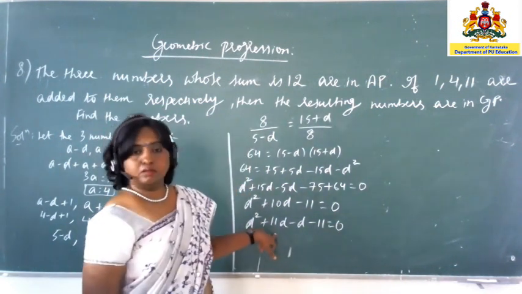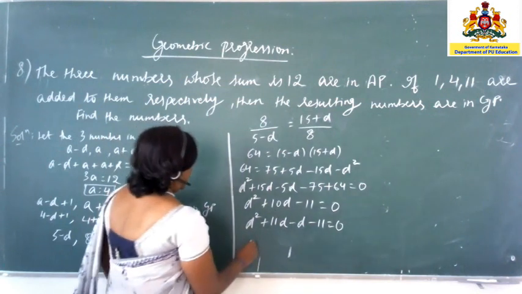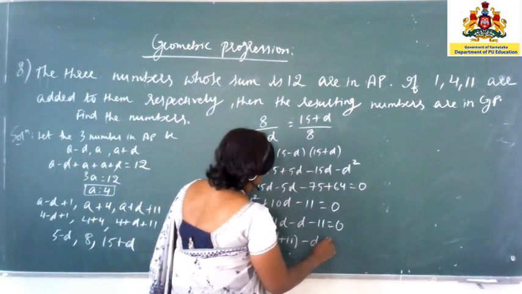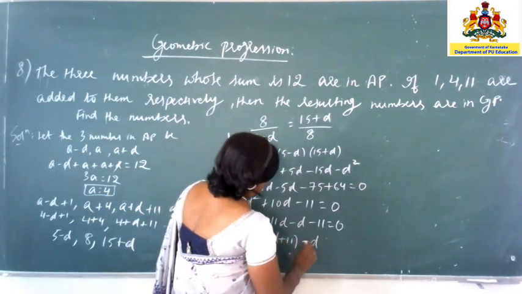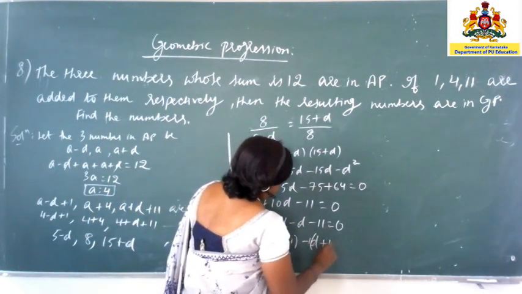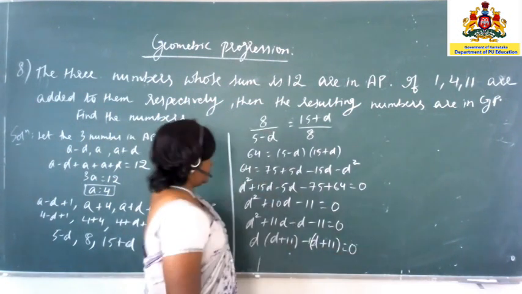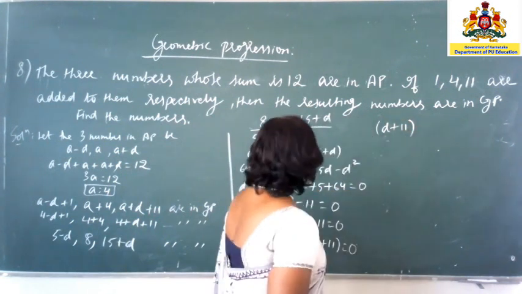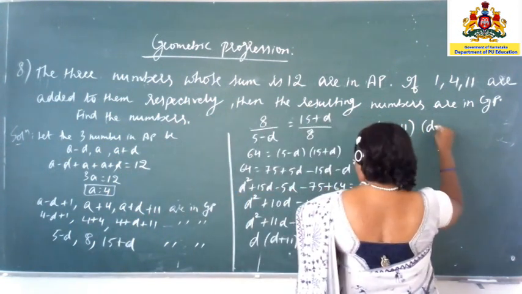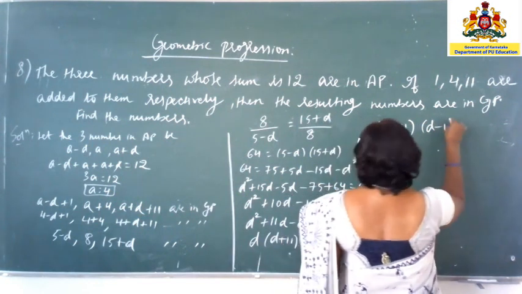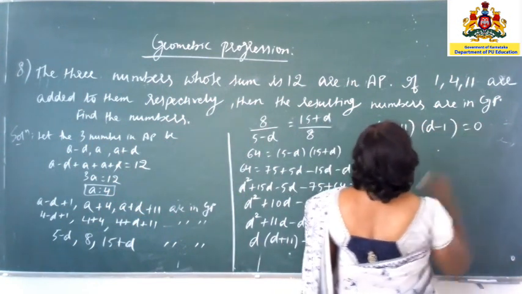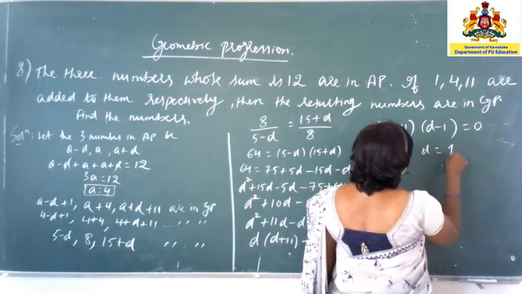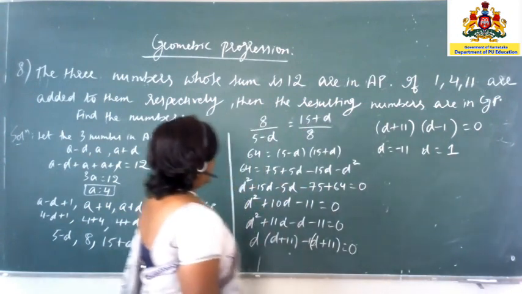So I split the middle term here. d into d plus 11 minus 1 into d plus 11 is equal to 0. So we'll be getting d plus 11 into d minus 1 is equal to 0. So d is equal to minus 11 or d is equal to 1. So those will be the values.